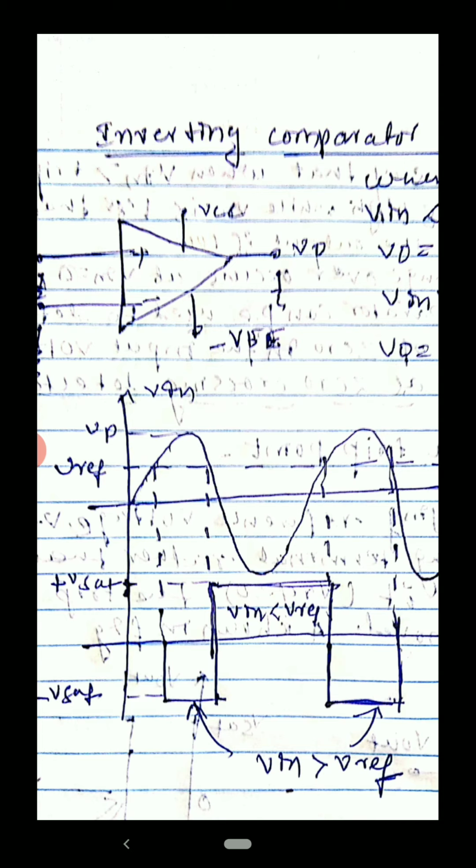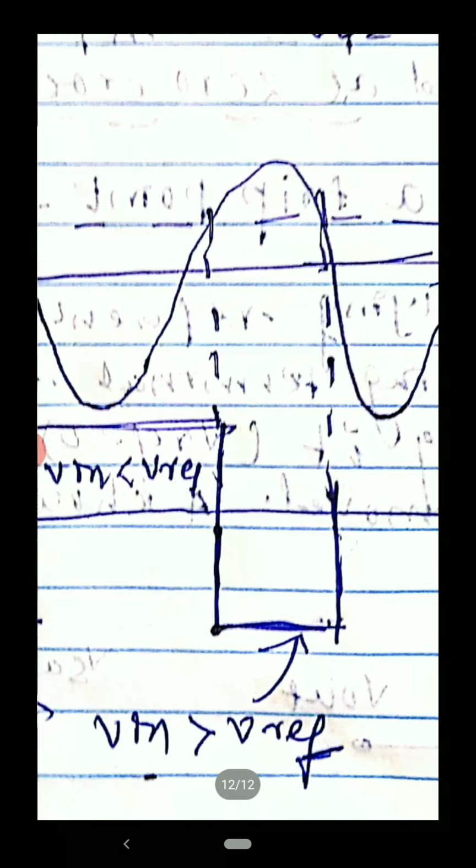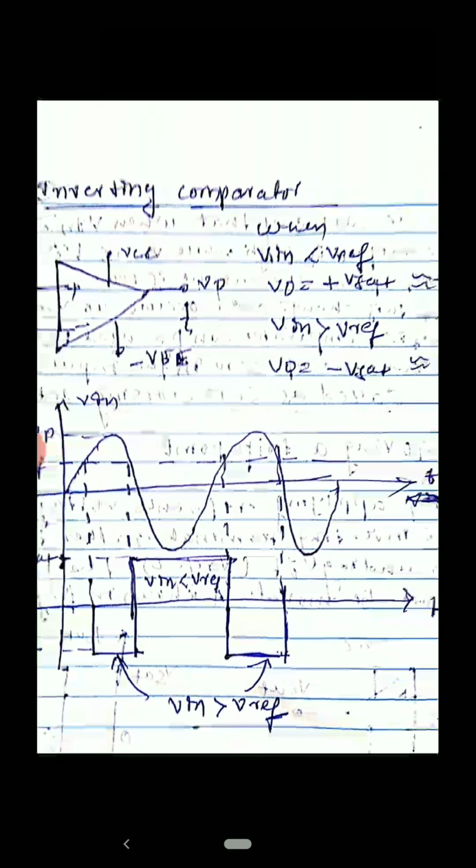Your output is negative till your V input is less than V reference. Observe here, V input is less than V reference. In this range your output is positive. Similarly, once your V input becomes greater than V reference, your output is again becoming negative. So you can explain it in detail. You can take it as an assignment.